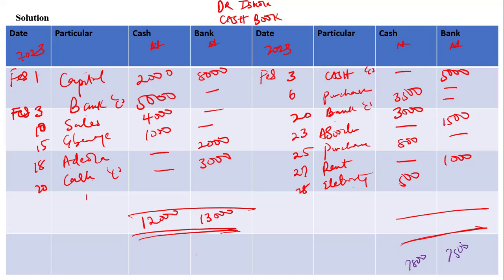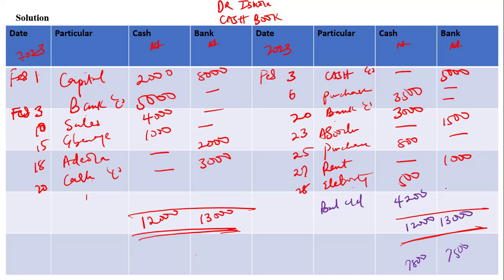So we can see that the debit side is greater. So this is 13,000. This is 12,000. A basis of comparison, so I can have my balance carried down. So what do I do? Now 12,000 minus 7,800. That is 4,200. Then we also have 13,000 minus 7,500.